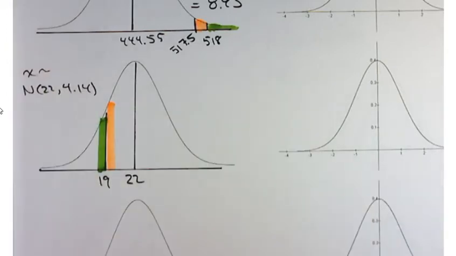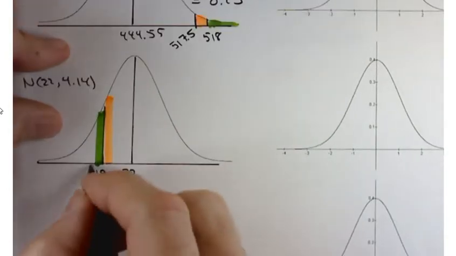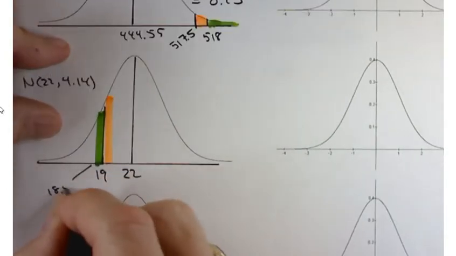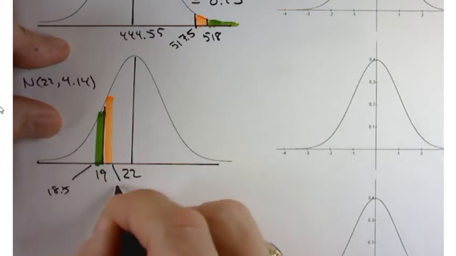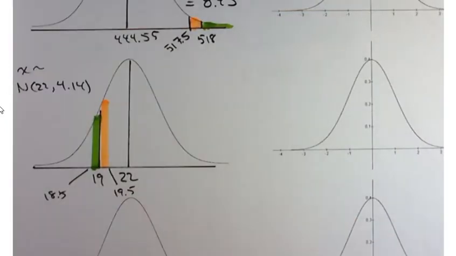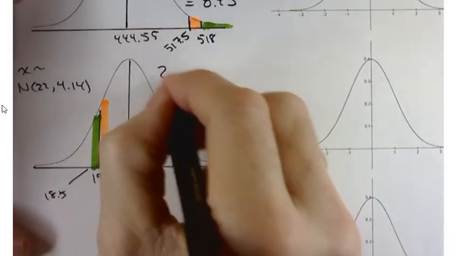So it's bigger in both directions. So we're going to go down to 18.5 and up to 19.5. And now we can use this to find our z-values. We have to find both of them.